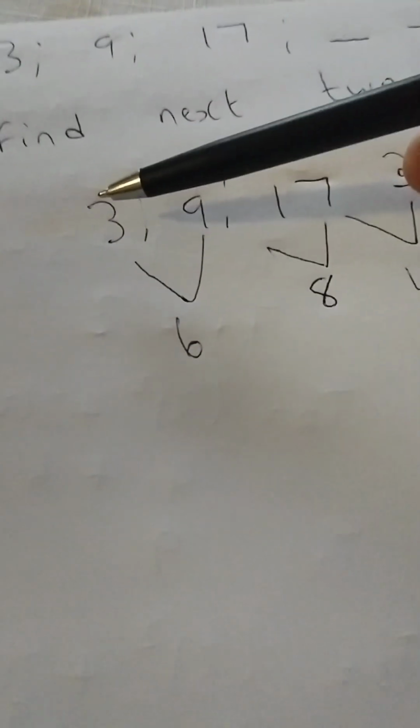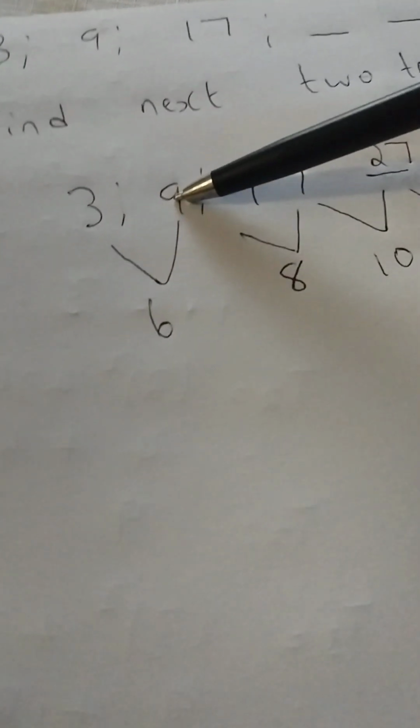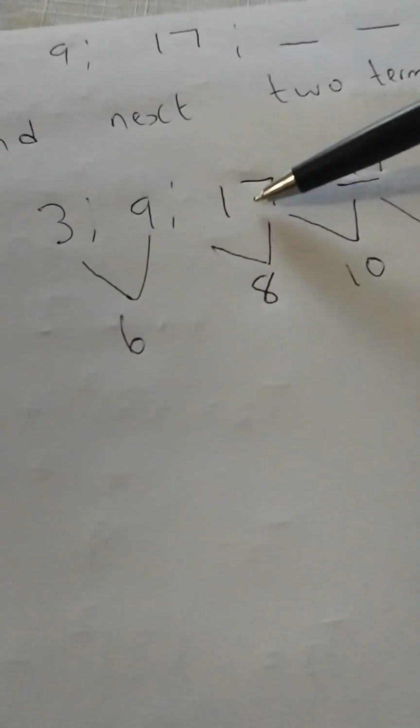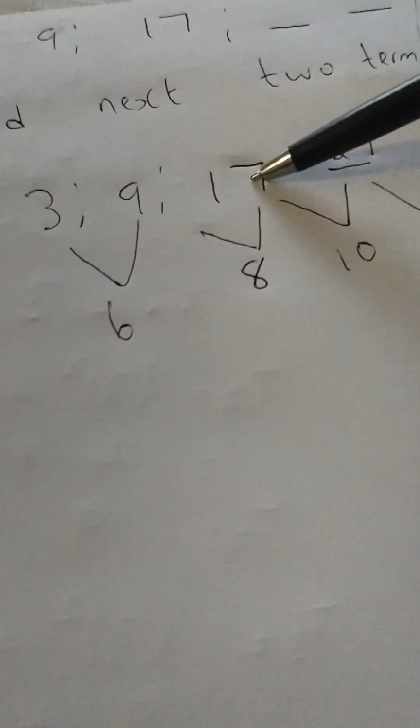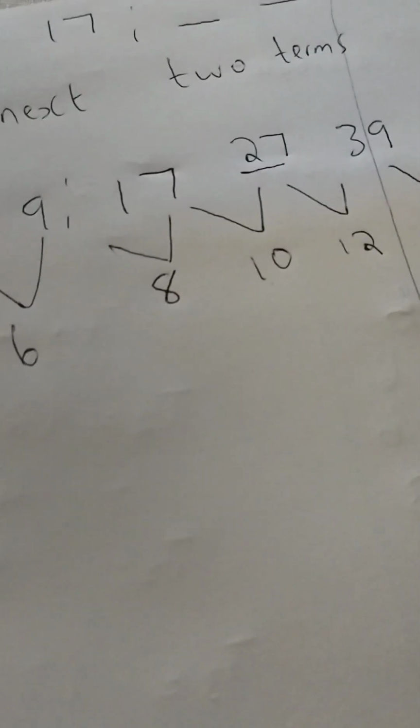If we go the forward route, the addition route, 3 plus 6 gives us 9, 9 plus 8 gives us 17. Therefore the next term will be 17 plus 10, which is 27. To get the next term, 27 plus 12, which is 39. Therefore, the next difference will be 14.